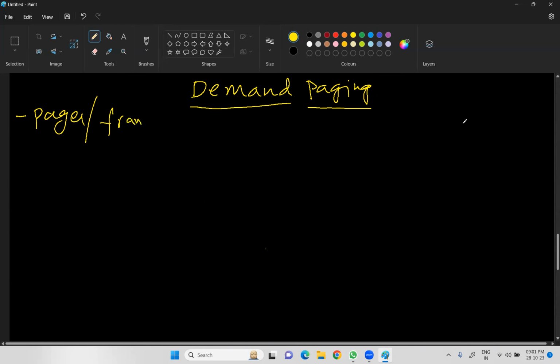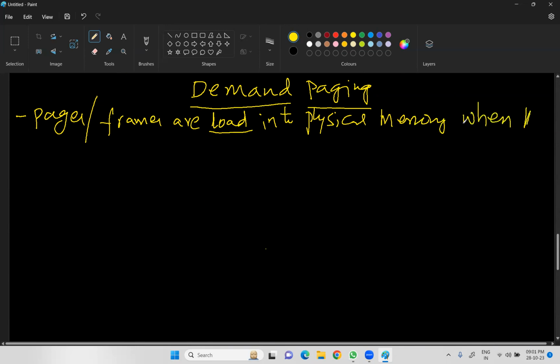So pages or frames are loaded into physical memory when they are demanded.